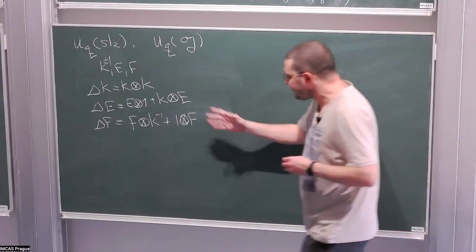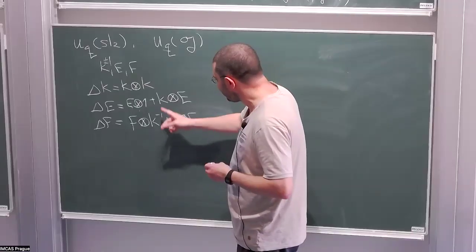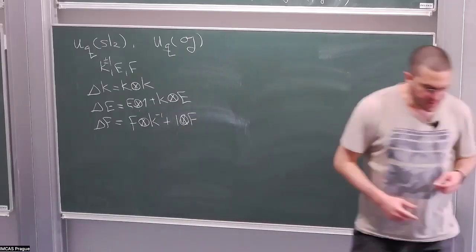So not exactly primitive, but almost primitive, up to this K that we have here, or the K inverse that we have here.